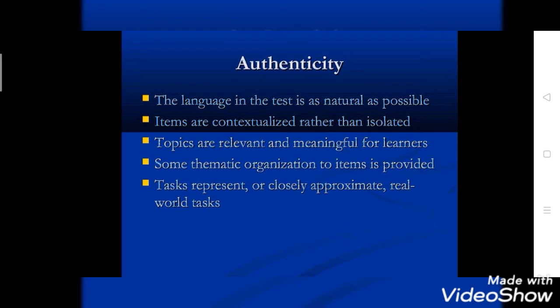The next is authenticity. Authenticity discusses whether the language in the text is natural and possible. It's called authenticity. And then items are contextualized rather than isolated.